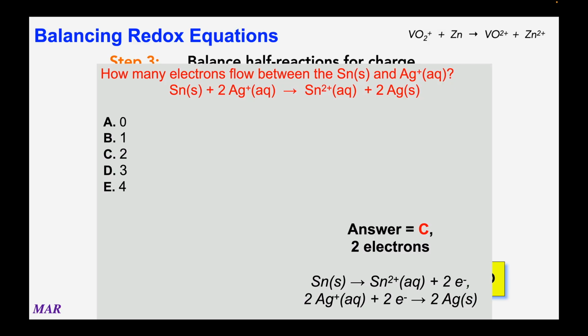As long as you see that there's 2 electrons being transferred, that's the important part. Usually one species, the oxidized or reduced, is easier. In this case, tin going to tin 2+, yeah, it definitely is going to need to lose some electrons, and 2 electrons specifically. And when you think about the stoichiometry, that's why there's the big 2's. It takes 2 silver+ to gain 2 electrons to make the 2 silver metals.